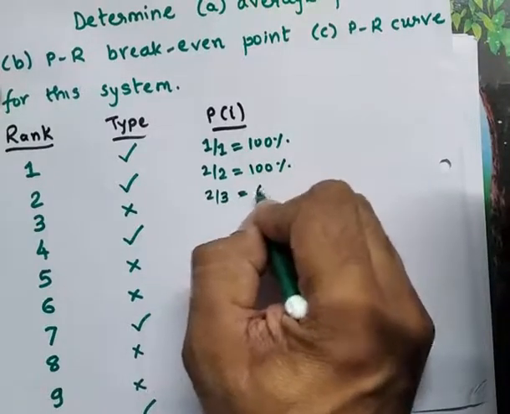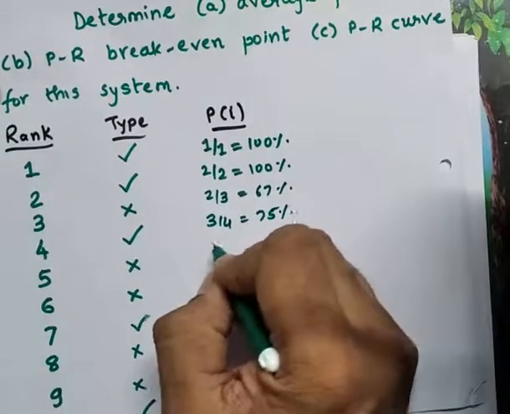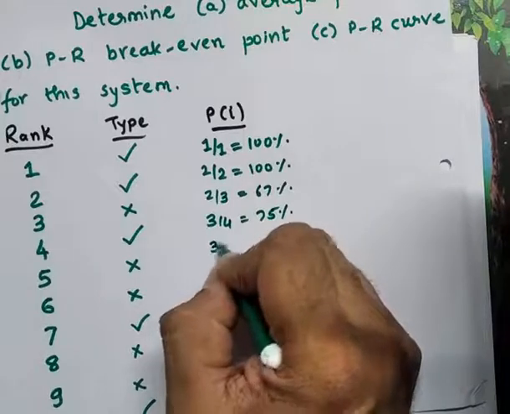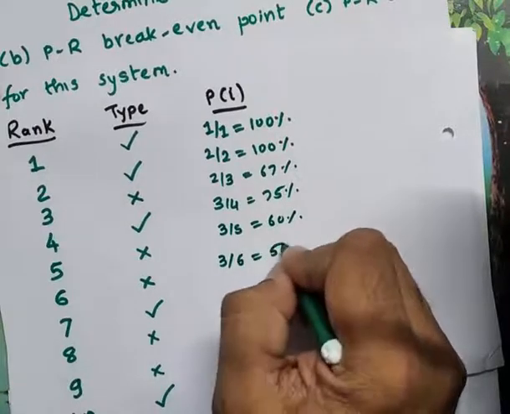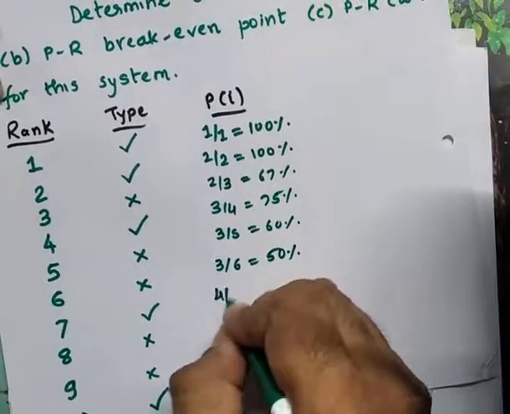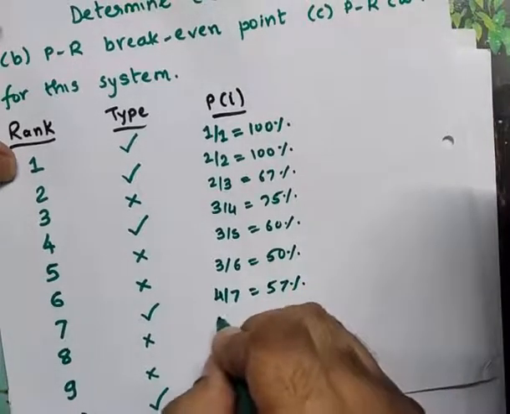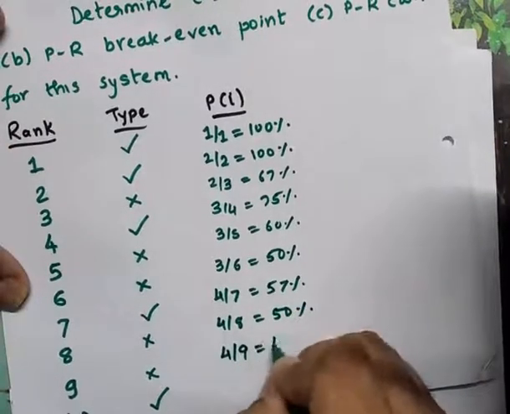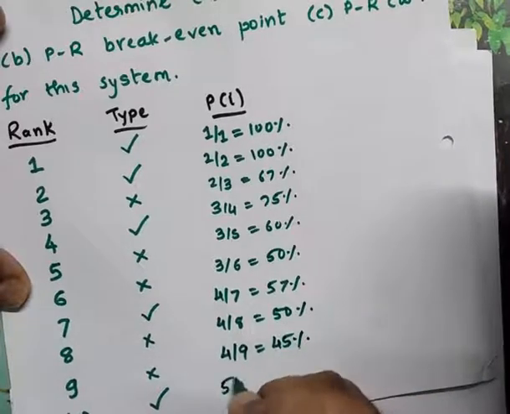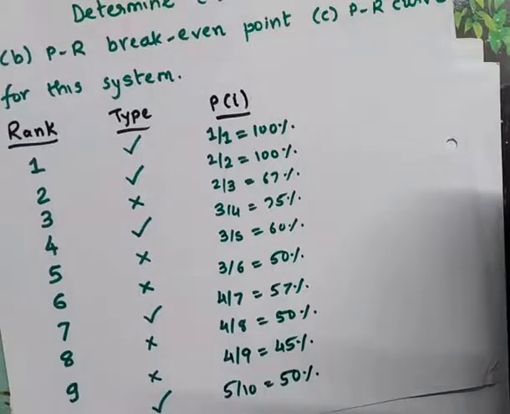This will be 2 by 3, 3 by 4, 3 by 5, 3 by 6, 4 by 7, 4 by 8, 4 by 9, and 5 by 10. So these are our precision values at different rank positions.